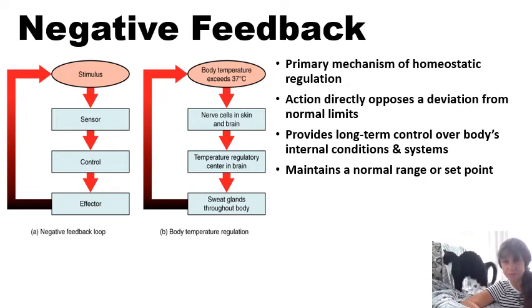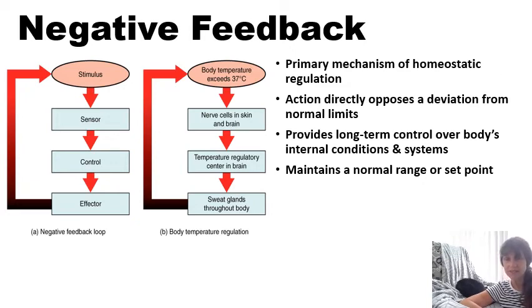If we look at the picture or flowchart on the right side of the slide, you can see that with body temperature regulation, if we start at the top, when body temperature exceeds 37 degrees Celsius, which is 98.6 degrees Fahrenheit, the nerve cells in the skin and in the brain are going to detect the increased temperature.